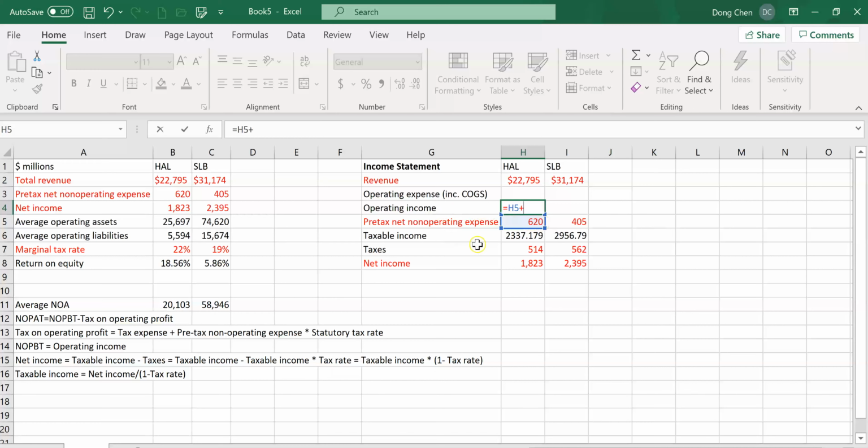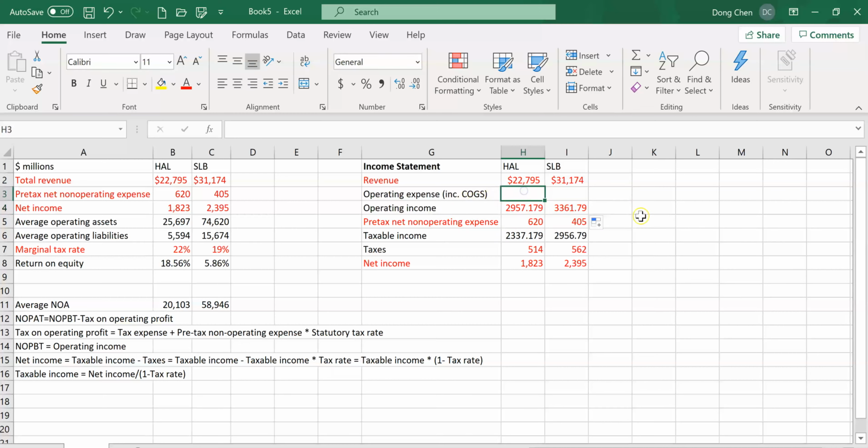And then we can also back up the number for the other firm. And operating expense, I don't think we need that information, even though we should be able to figure it out very easily by subtracting operating income from revenue. But we don't need that number for the calculation, so I leave the number as it is.